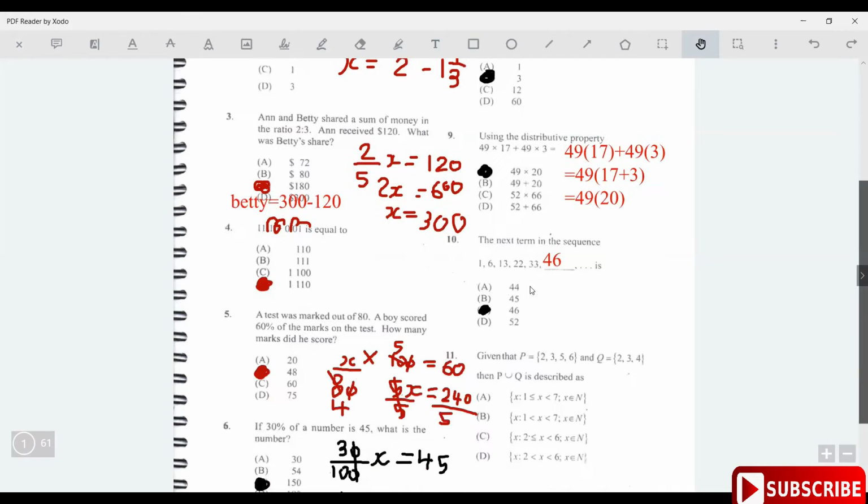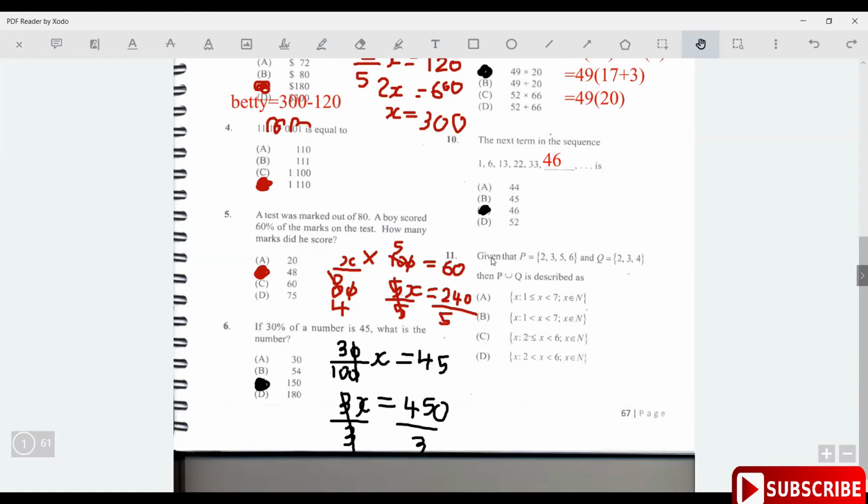Question 11. Given that P is equal to {2, 3, 5, 6} and Q is {2, 3, 4}, then what is P union Q? P union Q means all the elements of both P and Q. So P union Q would be, to write it as a list, 2, 3, 4, 5, and 6.